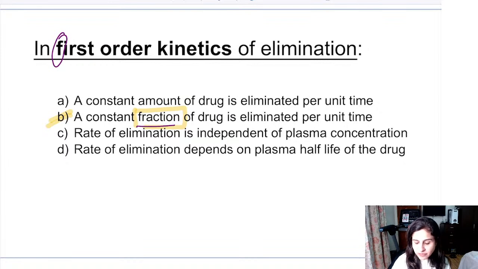The problem with the fourth option is that the rate of elimination depends on the plasma concentration, not on the half-life. So it should have been: rate of elimination depends on the plasma concentration of the drug. Then it would have been correct. But here the clear-cut winner is a constant fraction of the drug is eliminated per unit time. That is first order kinetics.